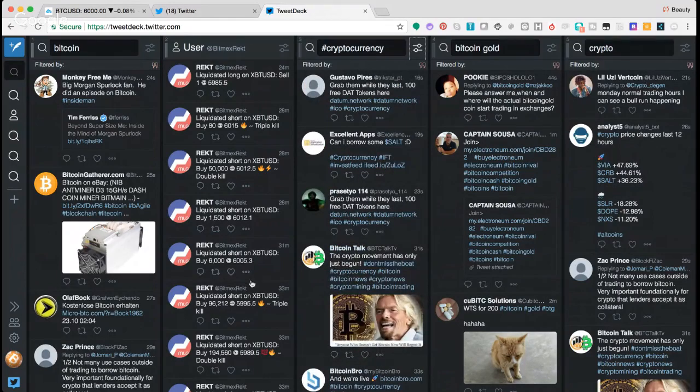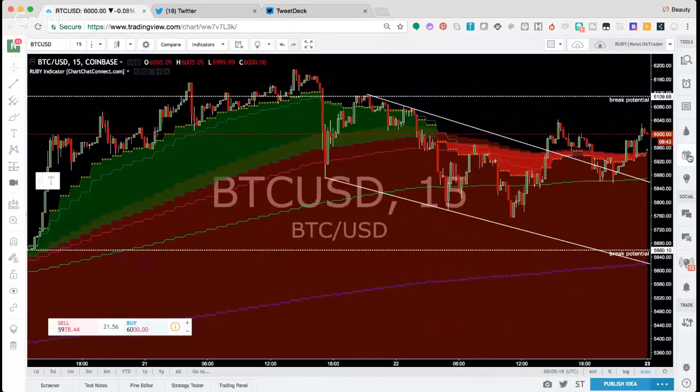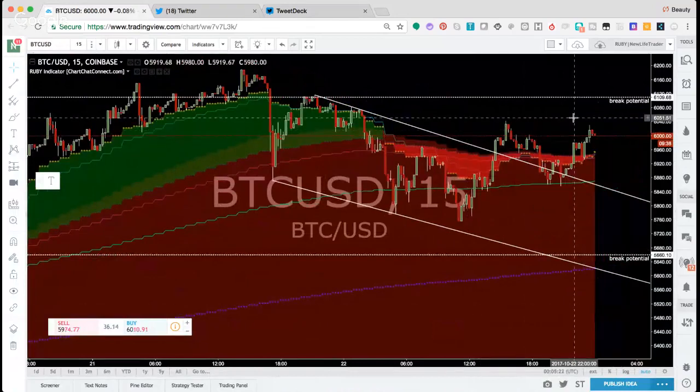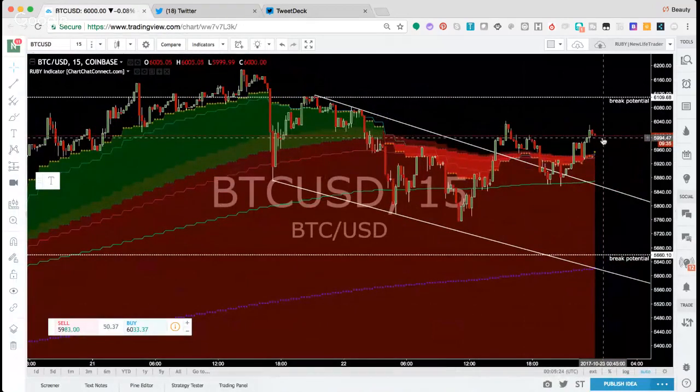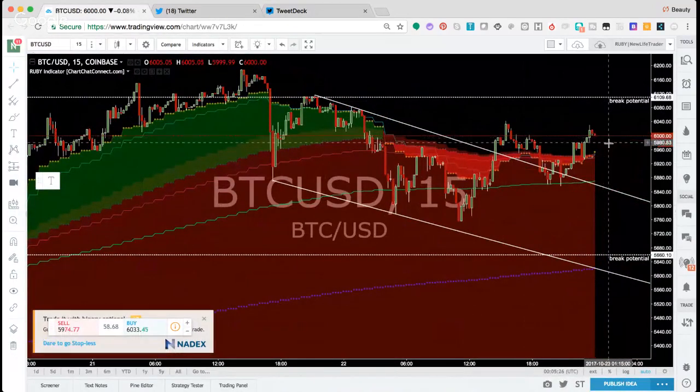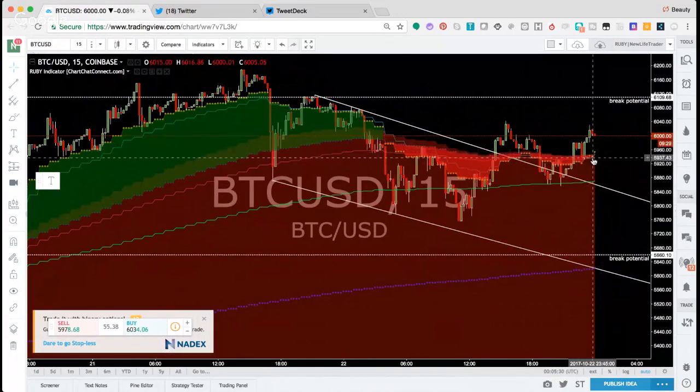So you can see that there's a combination between, we had quite a few short liquidations that came in, and then now we're getting a long liquidation. So we get that little tiny flag. A sell-off, and this little area right here.